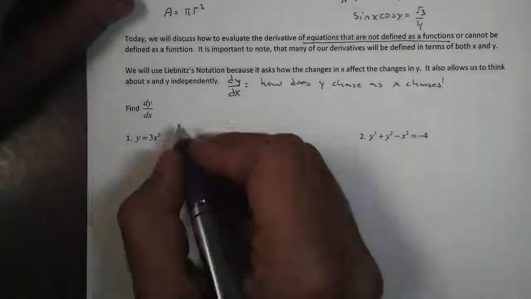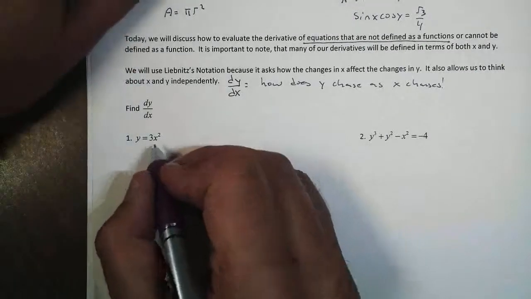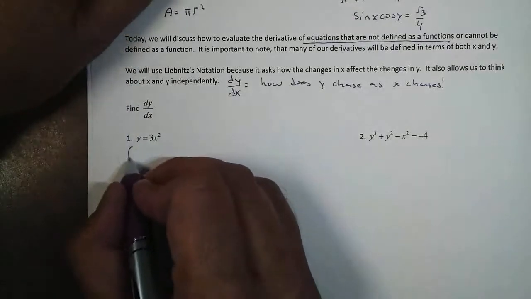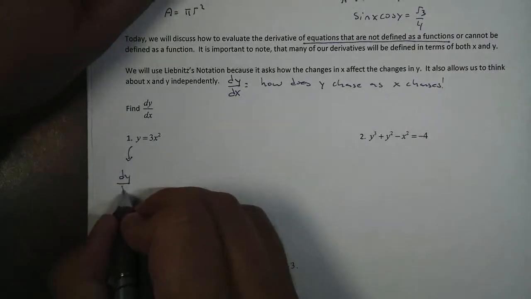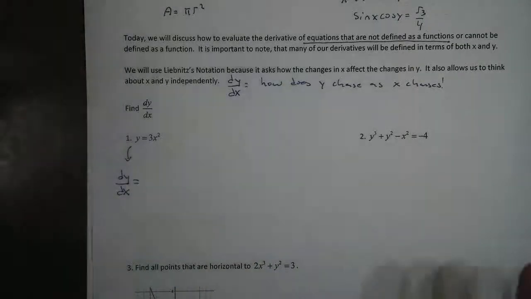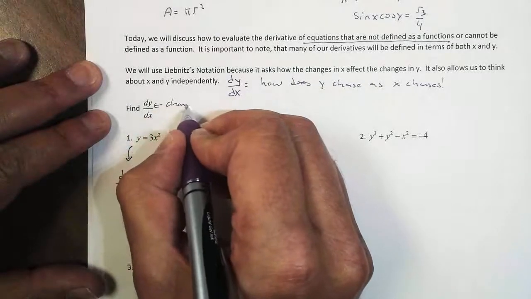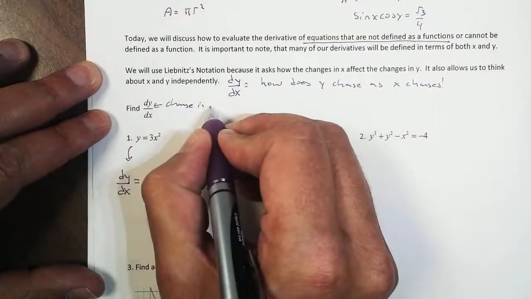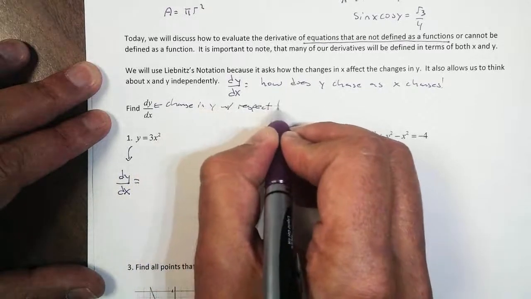We want to find the derivative of 3x squared. Now we all know this is just 6x. So I'm going to go ahead and take the derivative. Well, the derivative of y, this is our new rule, is just dy dx. That's my new rule. The derivative of y is dy dx. Remember, what this says is we want the change in y with respect to the change in x.